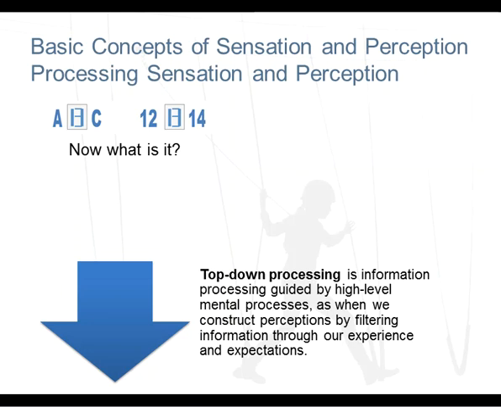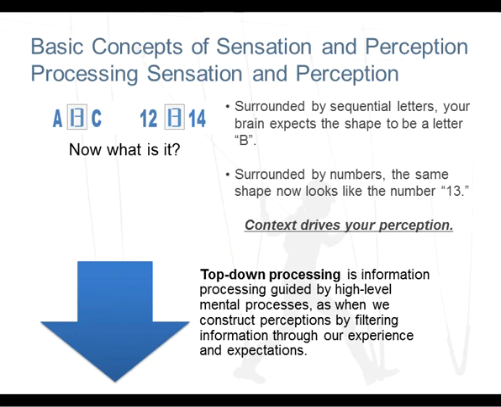We have 12, that image that we saw earlier, and then 14. So now that image now becomes 13. So, surrounded by sequential letters, your brain expects the shape to be letter B. Surrounded by numbers, the same shape now looks like number 13. The context drives your perception.